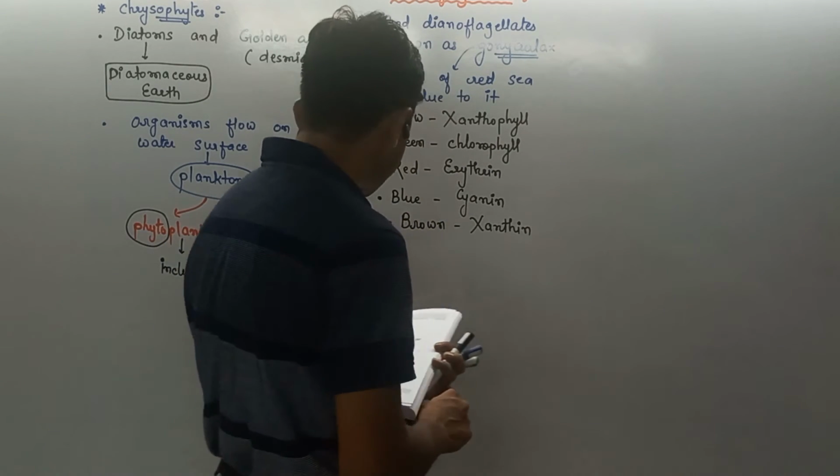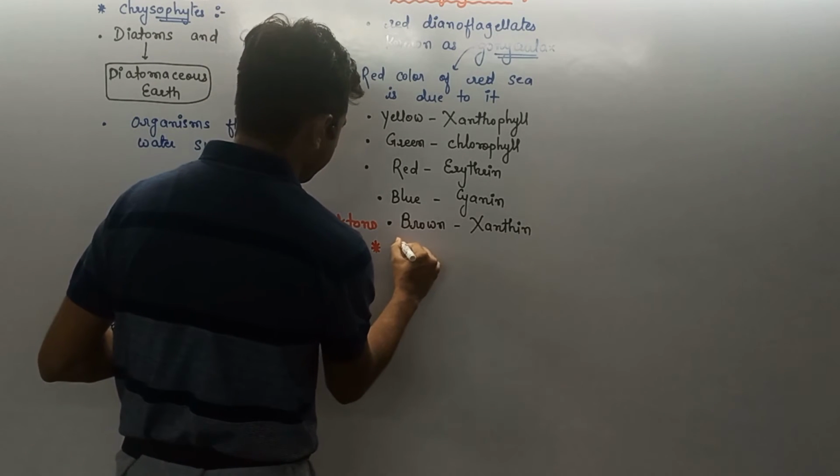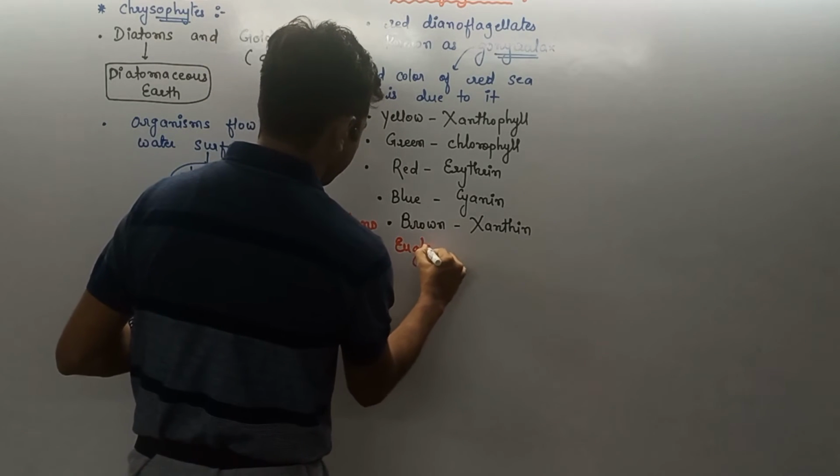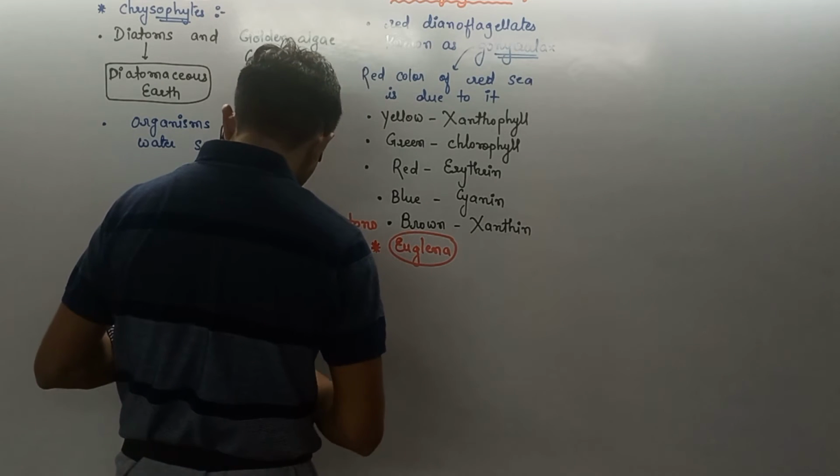Now euglenoids. For euglenoids, only one MCQ is there. Euglena, you know that, in the euglenoids.